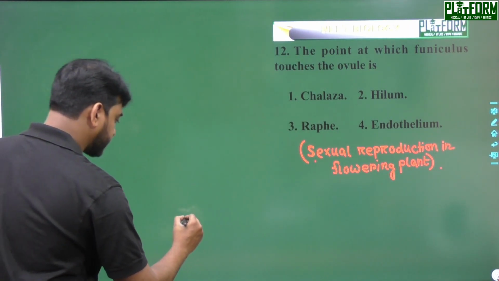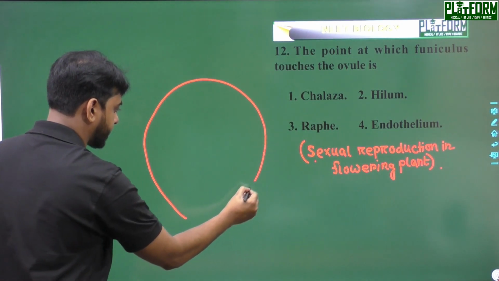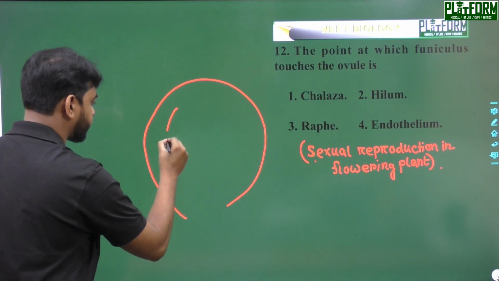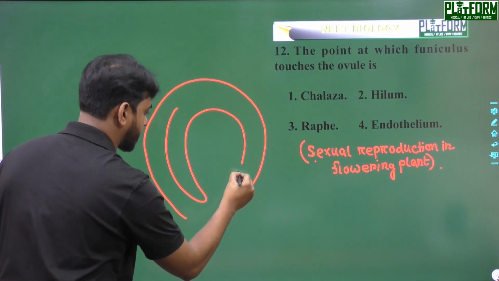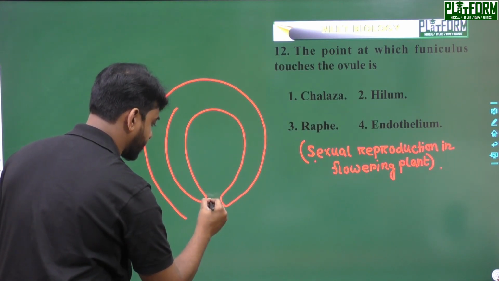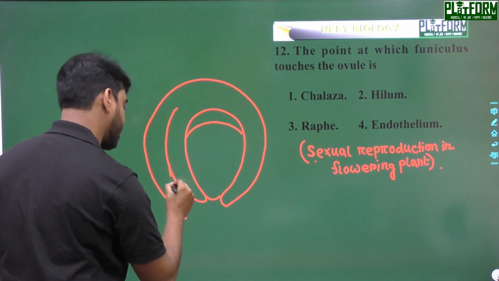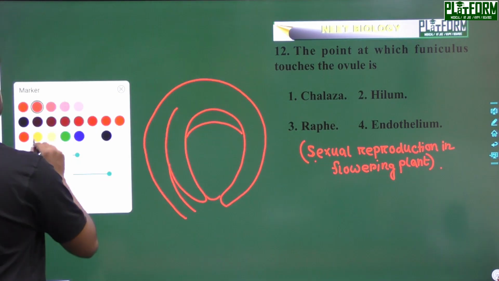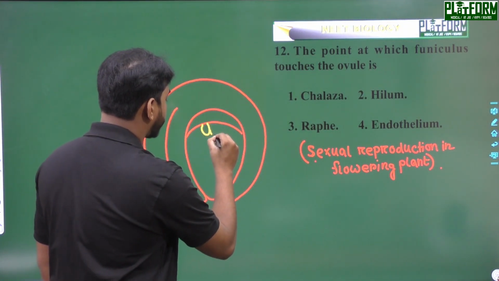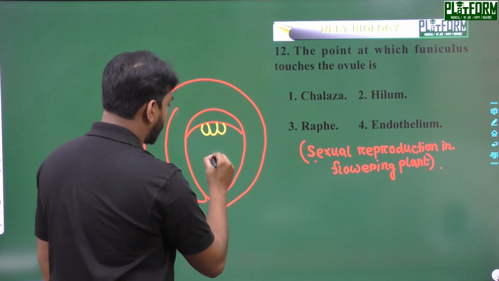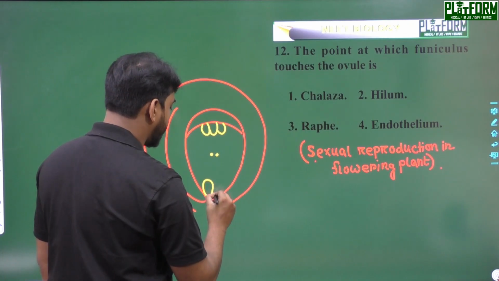So, how does a particular ovule look? Let's see. This is the structure of a typical angiospermic ovule, and these are the cells which are present inside the ovule.